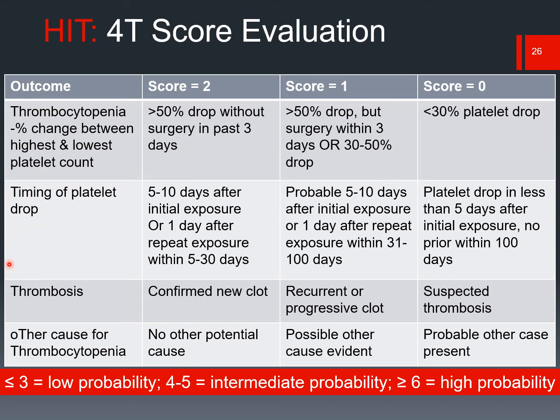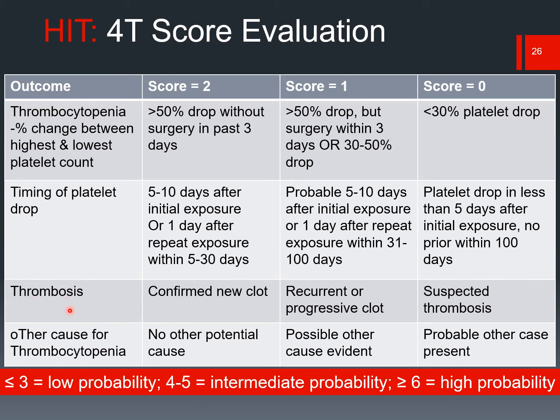So if the patient has never had exposure to the heparin product, then we would expect that onset to be delayed. If they have had previous exposure within the last 90 days, more specifically, then they will have that occur on day 1. So immediately upon re-exposure to the heparin product, they will experience a significant drop in platelets because their IgG is already ready and waiting for the complexes to occur.